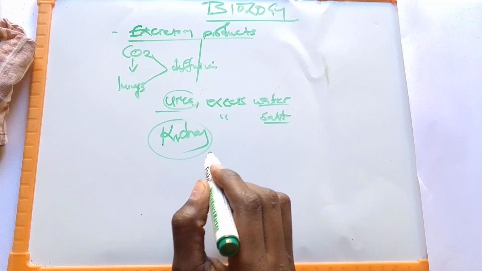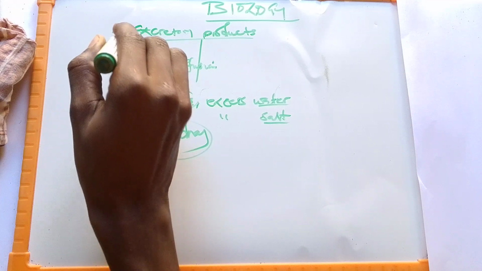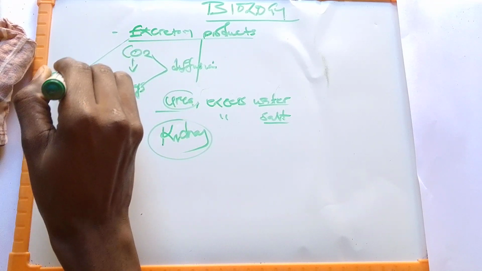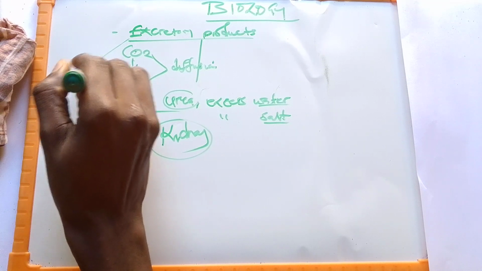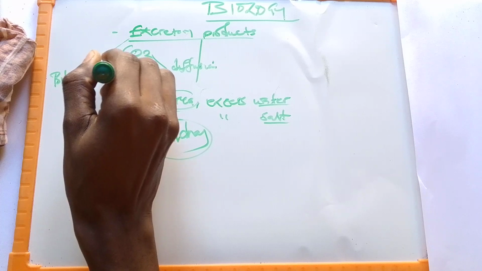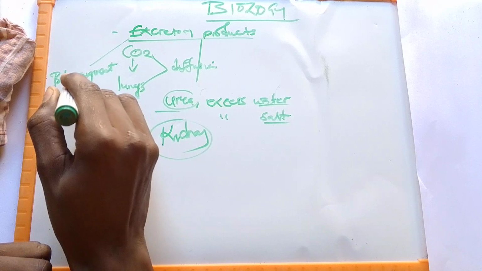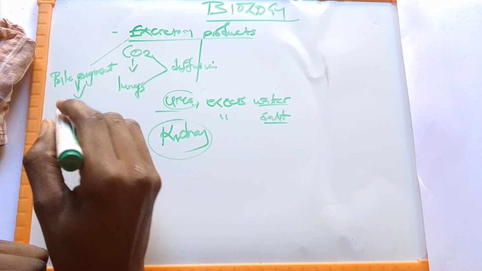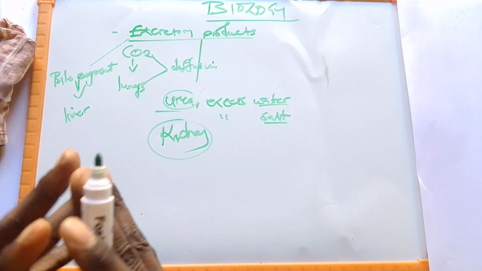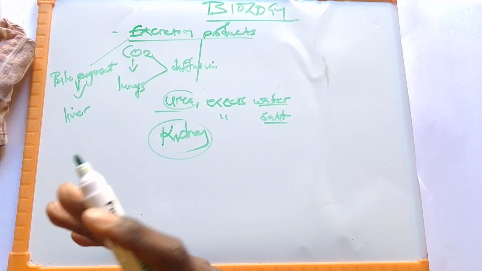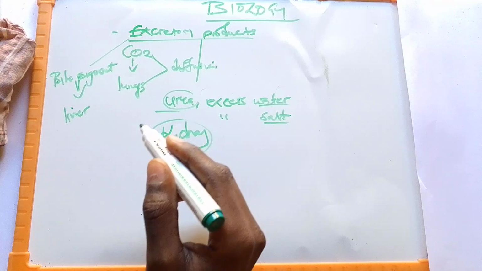Then we also have the bile. Another excreted product we have is the bile pigment. So bile pigment is also an excretory product which is produced by the liver. Now, when you go back under digestion, you find that in the liver, bile is produced.